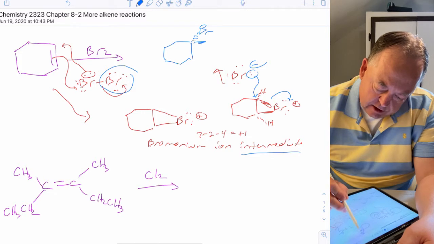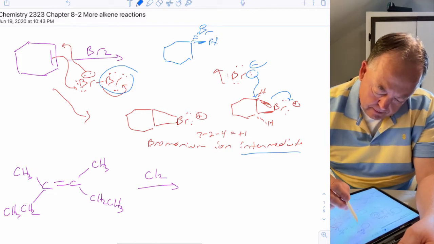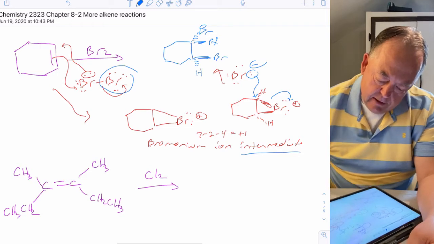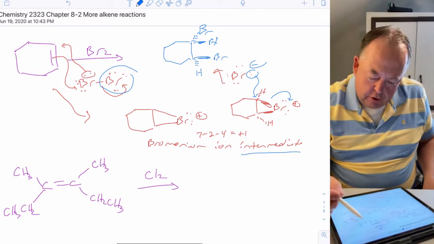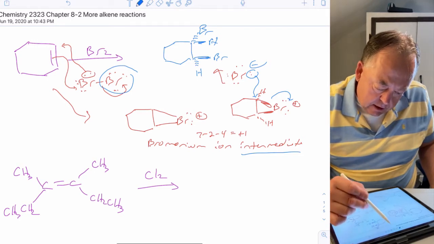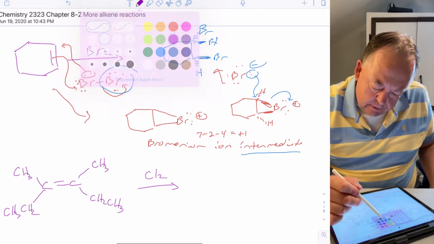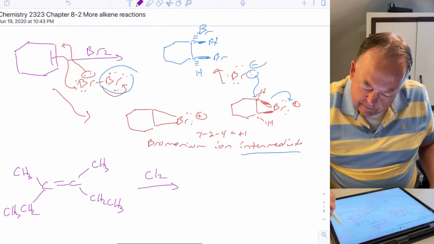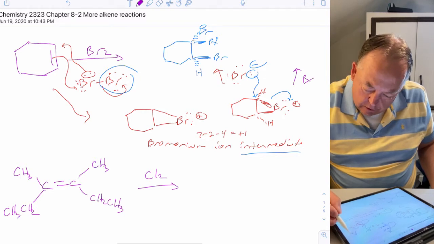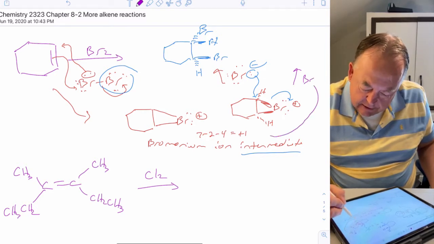So one bromine ends up on bottom, and the other bromine ends up on top. And so you made 2 stereocarbons in the process. You could have made its enantiomer as well, because you could have had a bromine come in from the bottom, or it could have come in from this side instead.